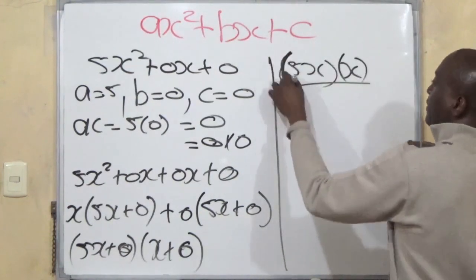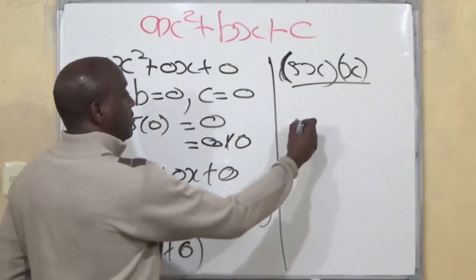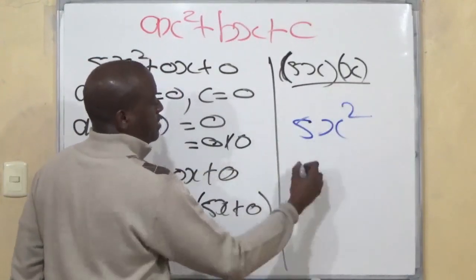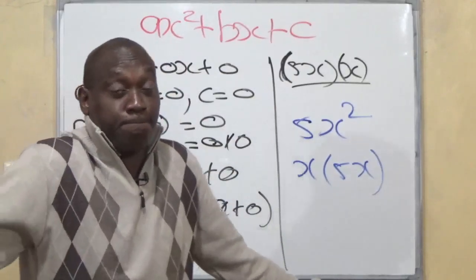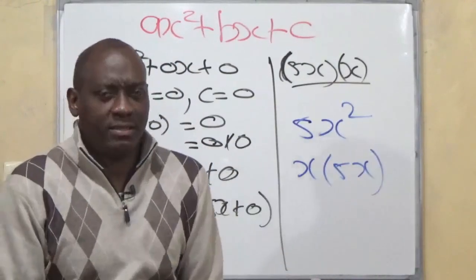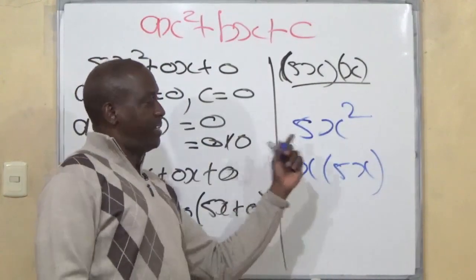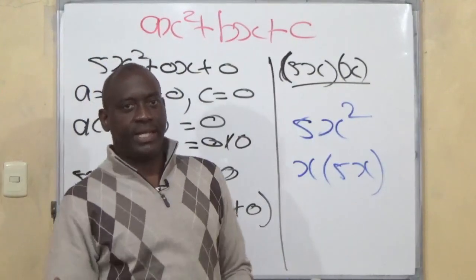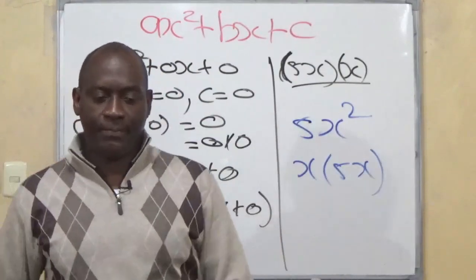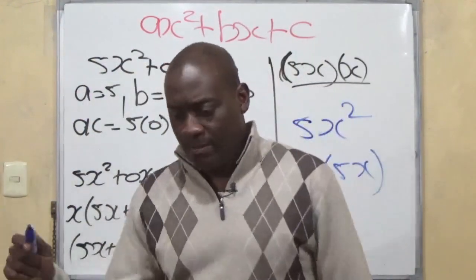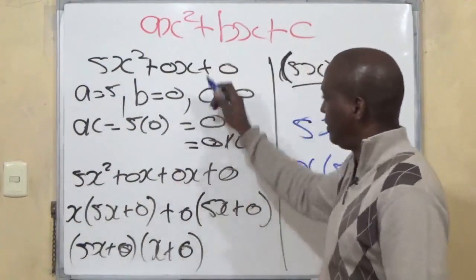Which we could have just gotten in one line, you know. If we had 5x squared, we can just say that is x into 5x. All of that to drive home the point that if you're ever in a situation where you had to factorize 5x squared, or 29x squared, or 6y squared, or minus 17k squared, whatever it is, don't even think of doing this.